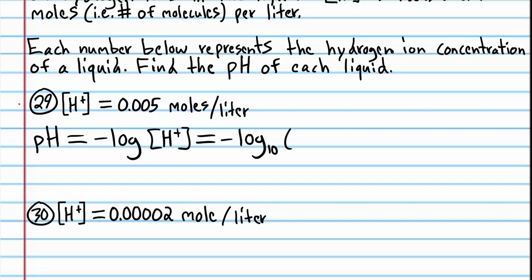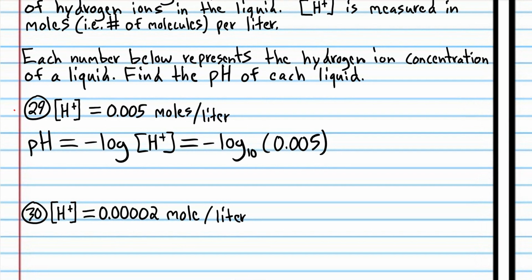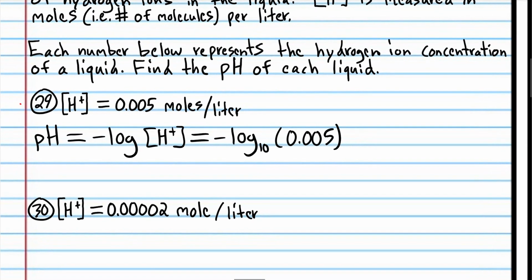And then we're going to write parentheses because, again, the brackets in this special case are part of the notation. We're going to plug in the hydrogen ion concentration and we're going to enter 0.005 into the calculator and then press log base 10, and we get a negative number.